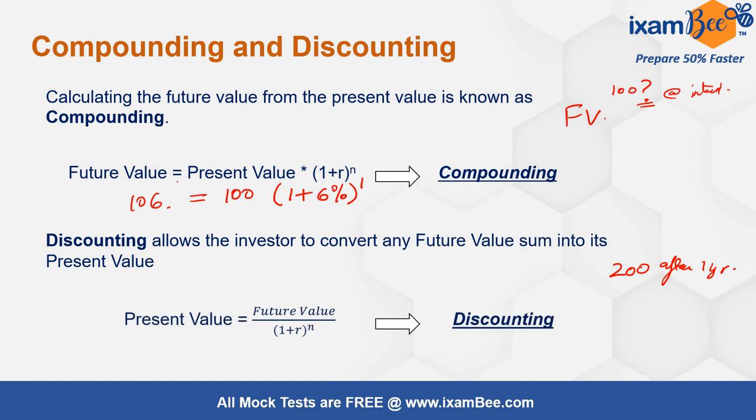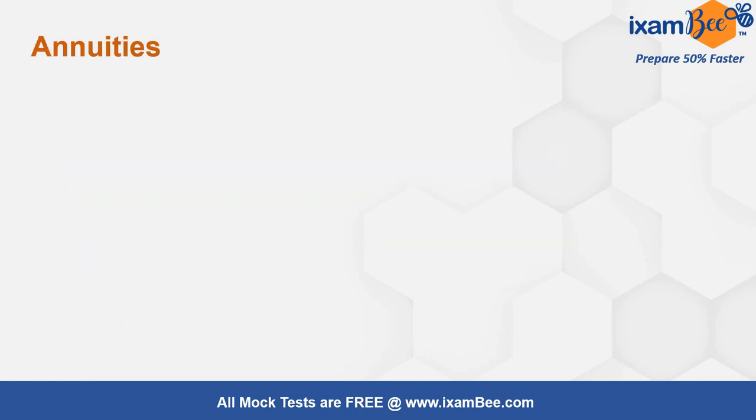So this is basically the same thing as this formula, but we are now trying to find the present value. So we move this here. So present value becomes future value divided by (1 plus r) to the power of n. So this method of finding the present value from the future value is known as discounting, right?